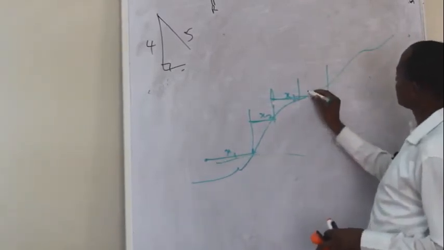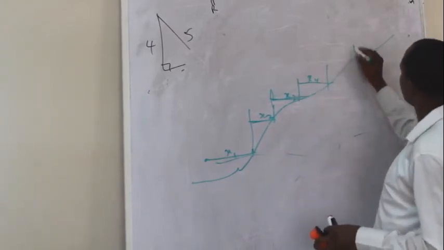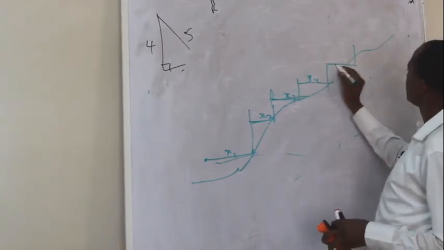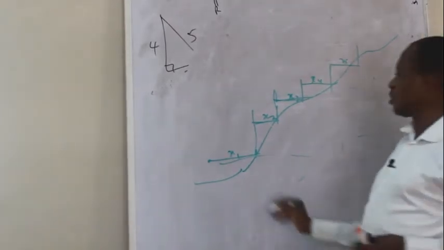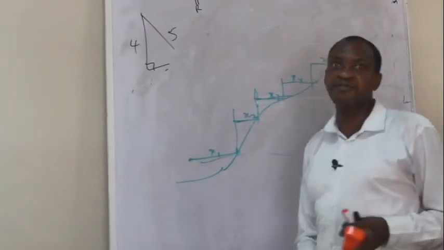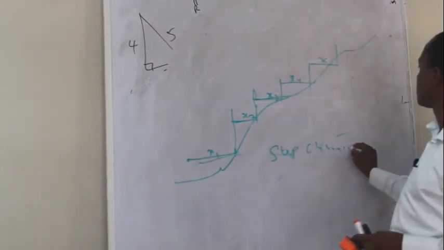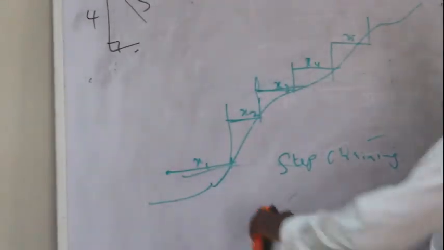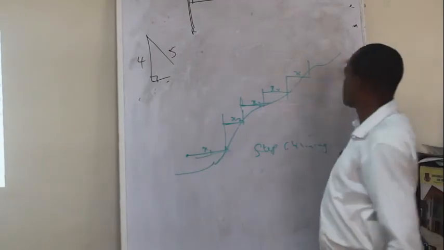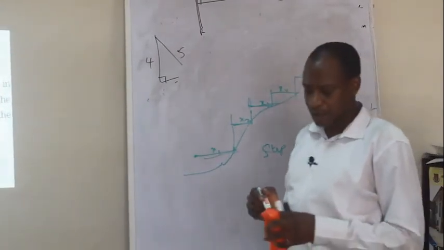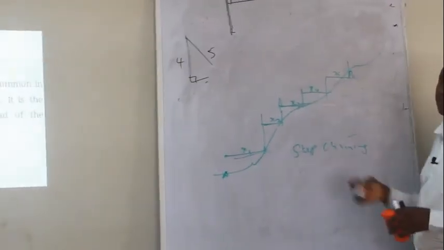And on like that, you can measure X4, and to this point X5, until you get up. So later you can now sum them, X1 and so on. This method we call step chaining. You measure them in bits according to the steps as you are climbing up, and you sum them up to give you the total distance from point A to point B.